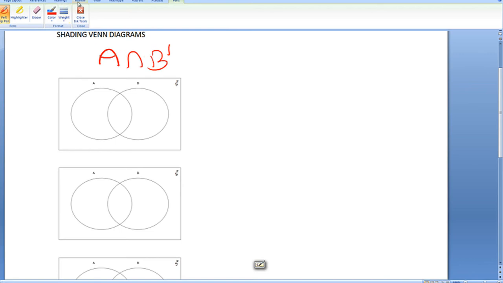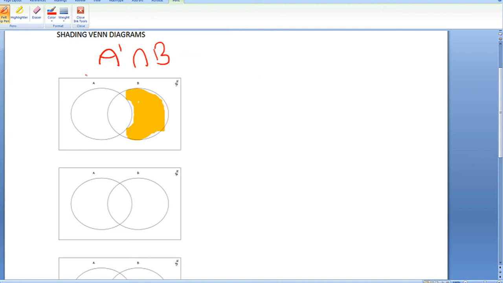So not A intersect B will be B only. We can presume that it will be only this one shaded. So by definition, this is B only.